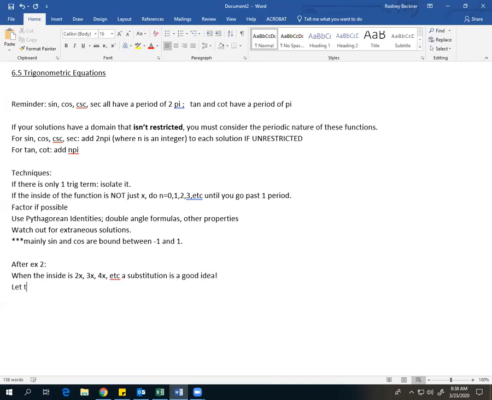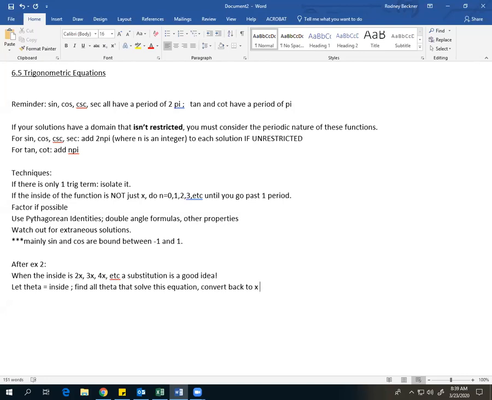We'll say let theta equal the inside. The actual letter, don't use the word when you're doing your problems. And then you will find all theta that solve this equation. Convert back to x after you get your solutions in theta.